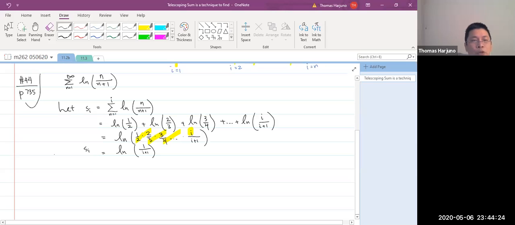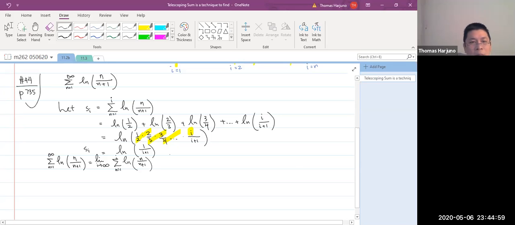Okay, so the sum of the series from 1 to infinity of natural log of n over n plus 1 equals the limit as i goes to infinity of the sum from n equals 1 to i of natural log of n over n plus 1.